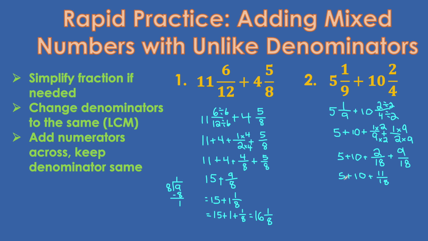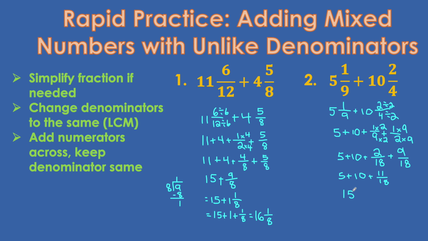So now we can combine the whole numbers. You could have done this in an earlier step, but I just wanted to make it more clear for you guys to simplify these fractions first. So we simplified the fraction part, these two fractions, then we simplify the whole numbers. 5 plus 10 is 15.